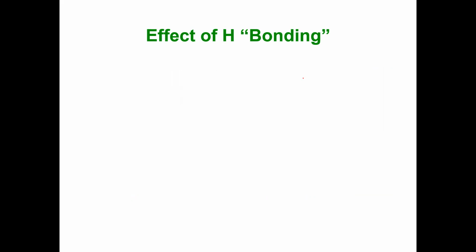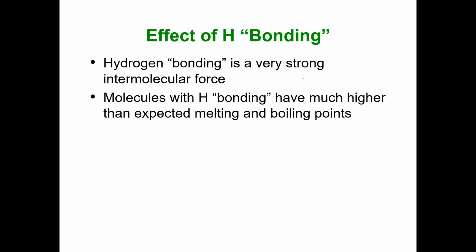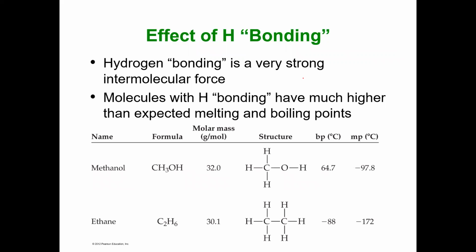So the effect of hydrogen bonding, well, if you can do a super dipole, you're going to have a really strong intermolecular force. And they have way higher melting and boiling points than you would even expect. So how can we test this? Well, we can take molecules of the same molar mass, because remember, we talked about intermolecular forces being influenced by molar mass and shape. And what we notice is because of this oxygen, it's going to have a different shape.